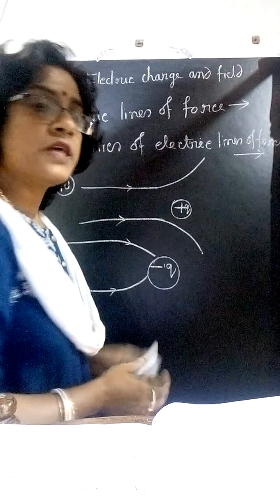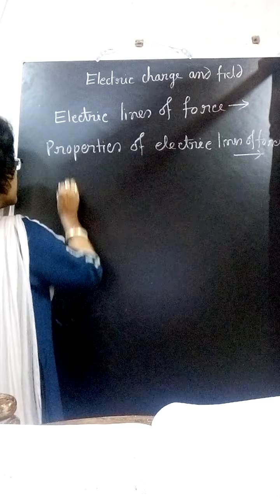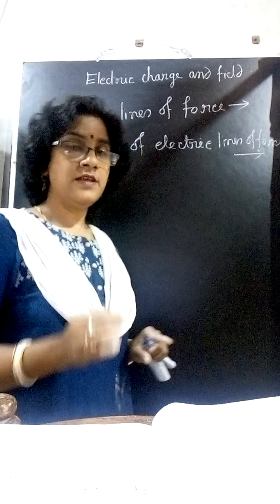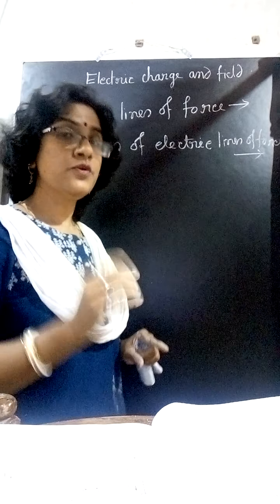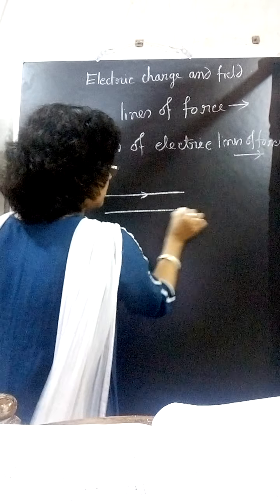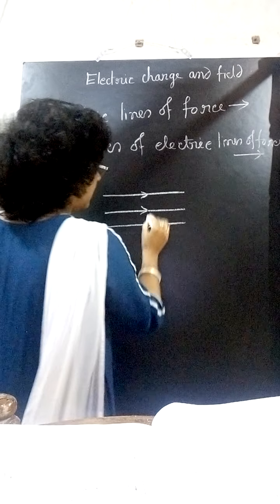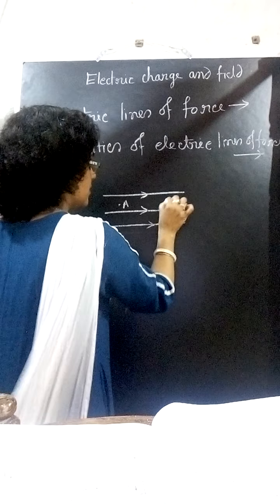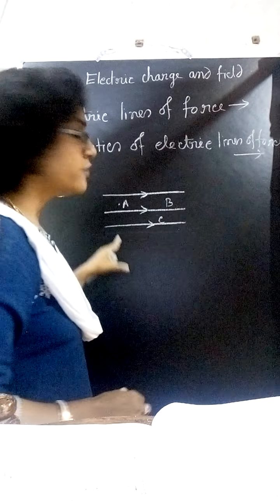Okay. Next, our eleventh property is there. Straight, parallel and equal interspace electric lines of force always give a uniform electric field.